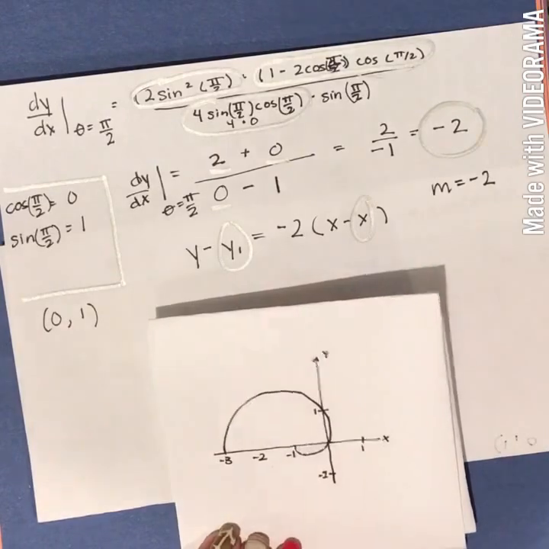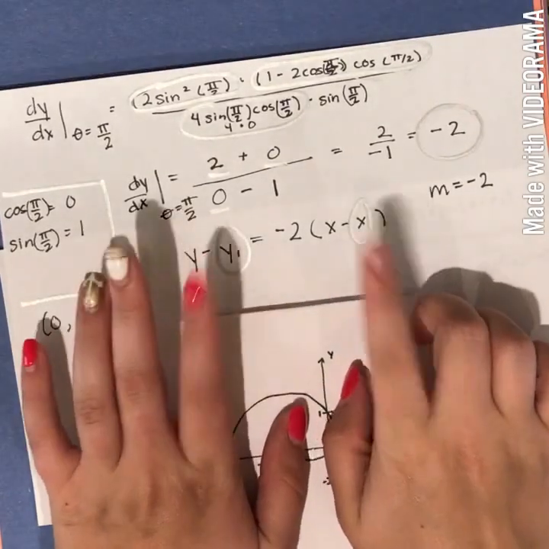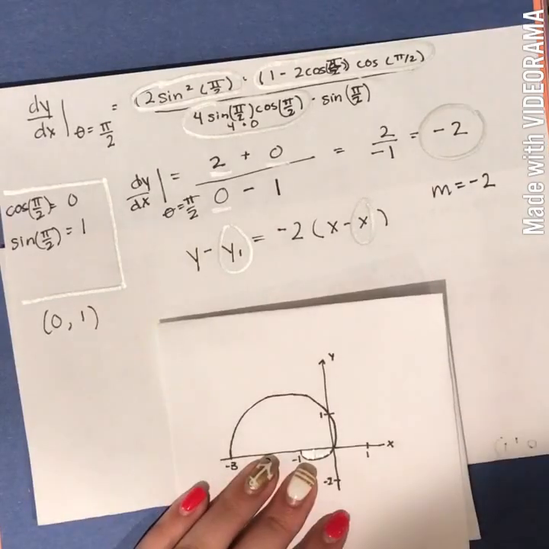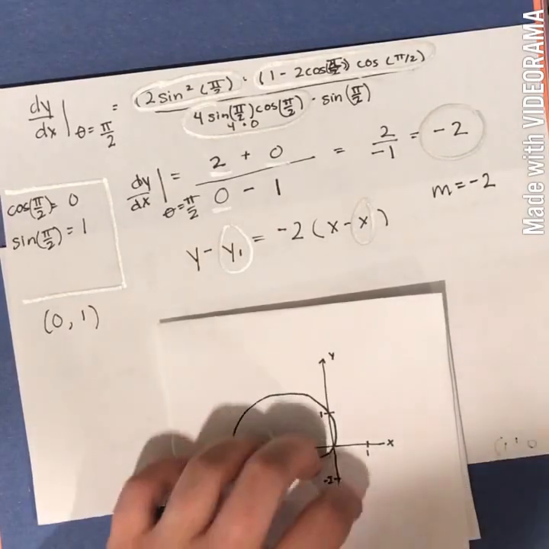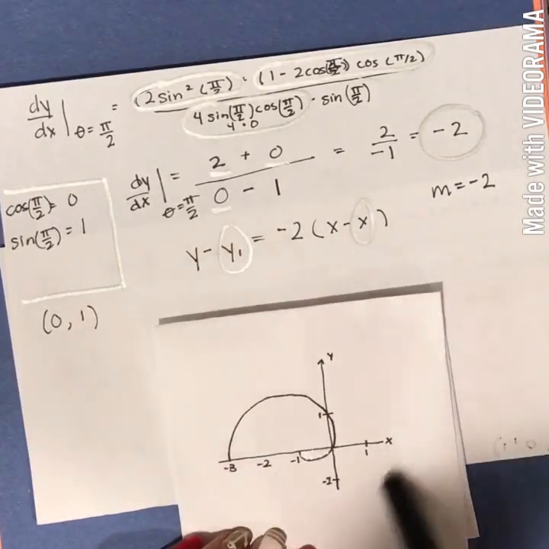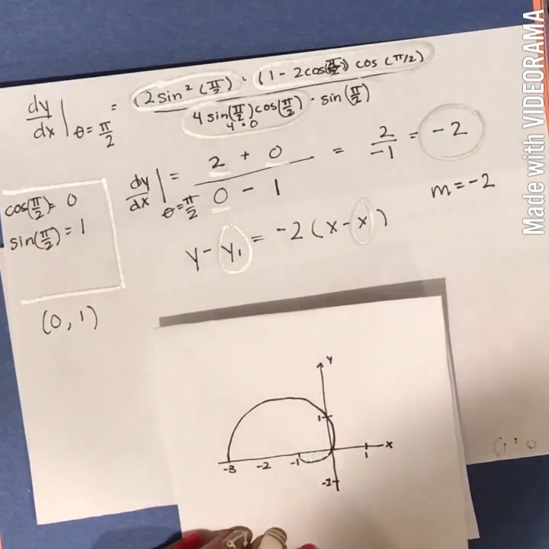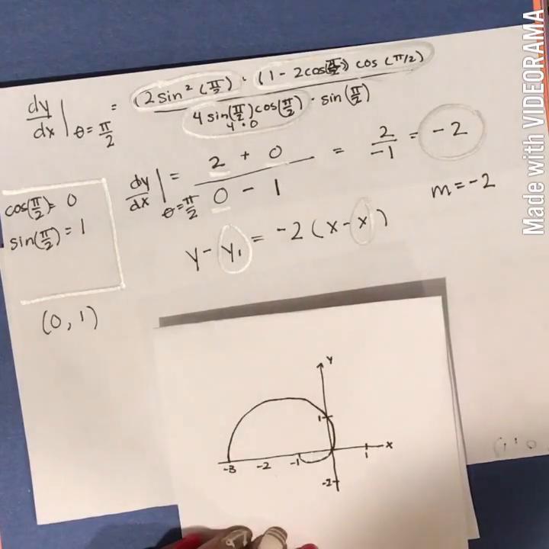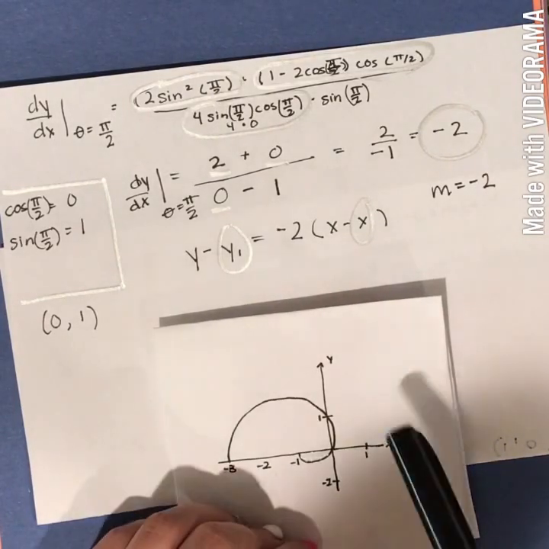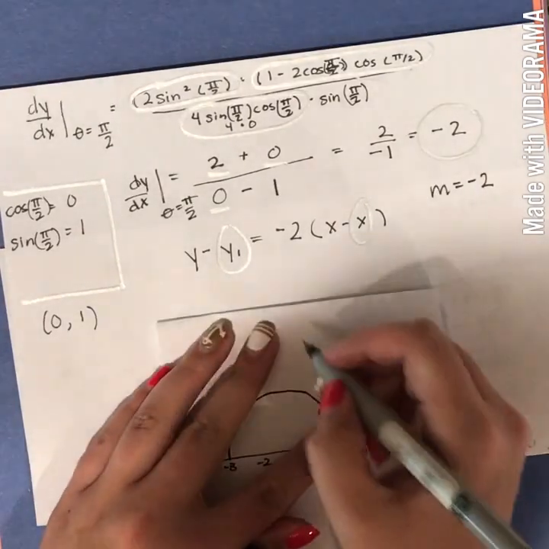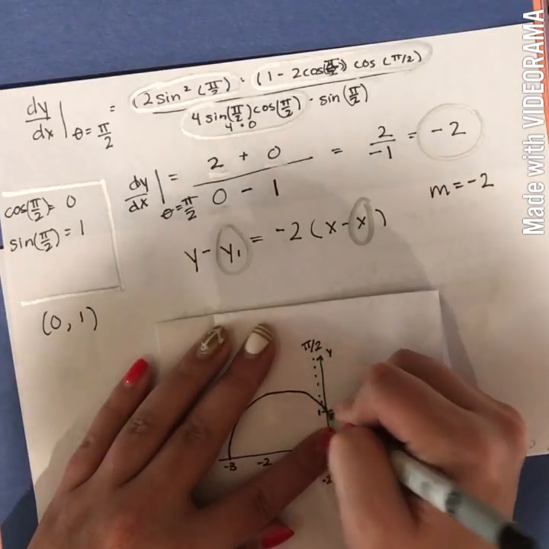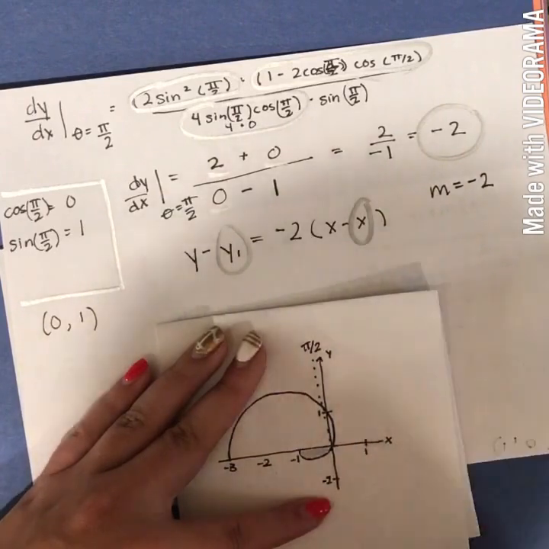So now you might be thinking, how in the world am I going to find these? And it is so simple. We're going to look at our graph, and we're going to think, theta equals pi over 2. So if we go to pi over 2, which is right up here, it's right there.